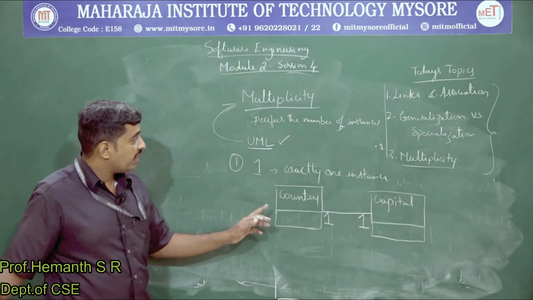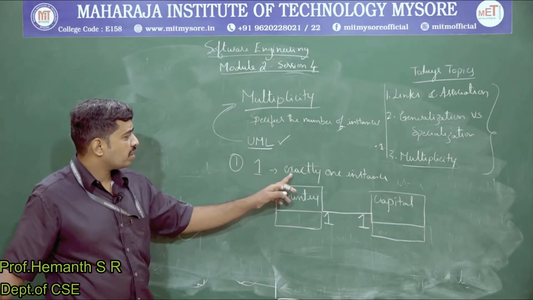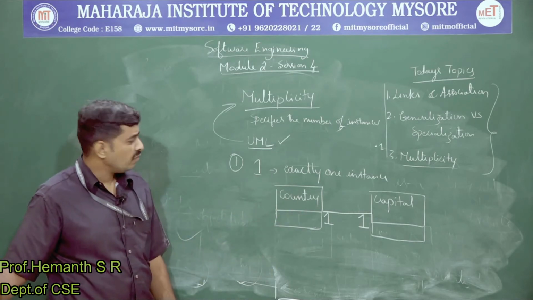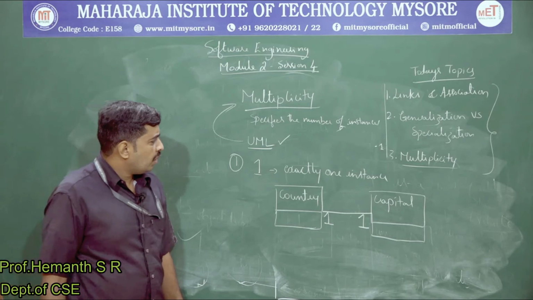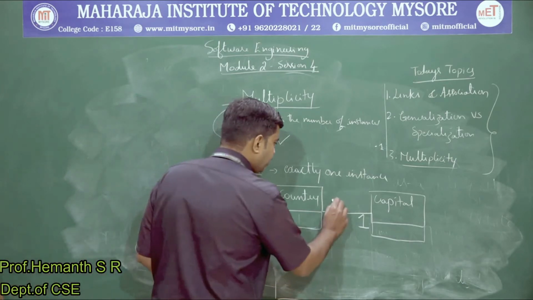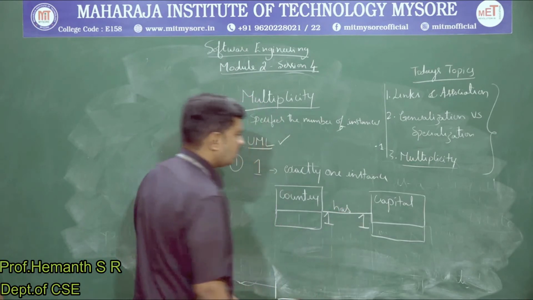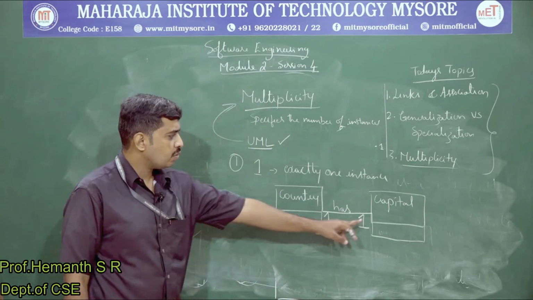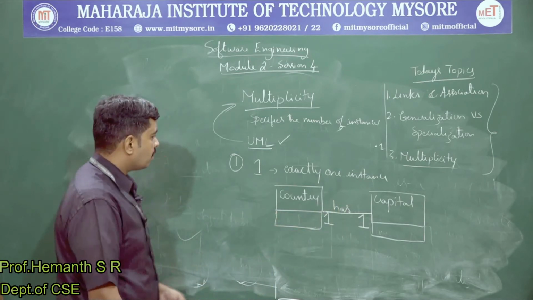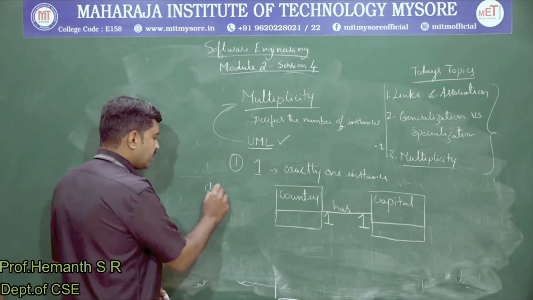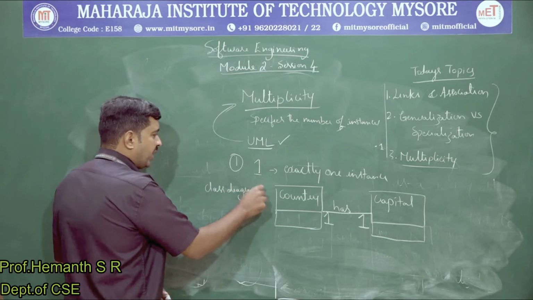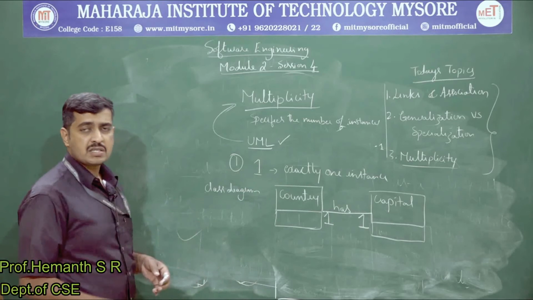This has been indicated by one instance. The action verb that I can write here is "has": a country has one capital. So this was a class diagram marking the association between the classes.